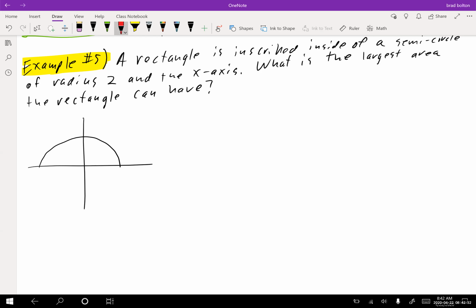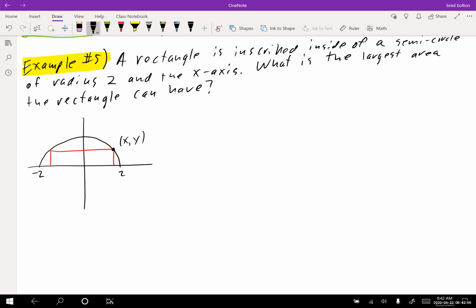Let's take a look at inscribing this rectangle inside of my semicircle. Now, again, it's supposed to be symmetric. We know that this is -2 to 2, right? So this is -2, this is 2. Okay, and the vertex or the vertices made right here, let's name it x comma y.